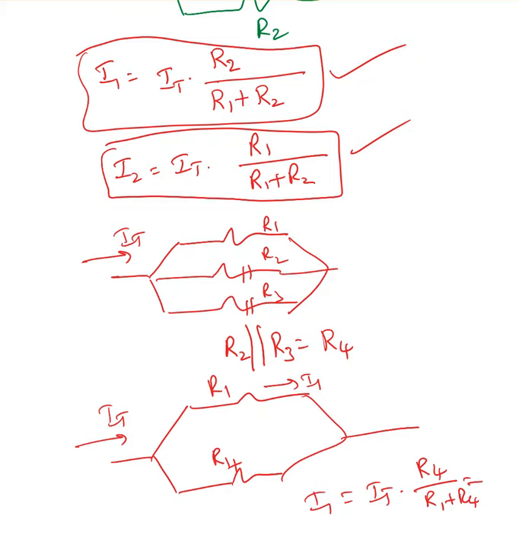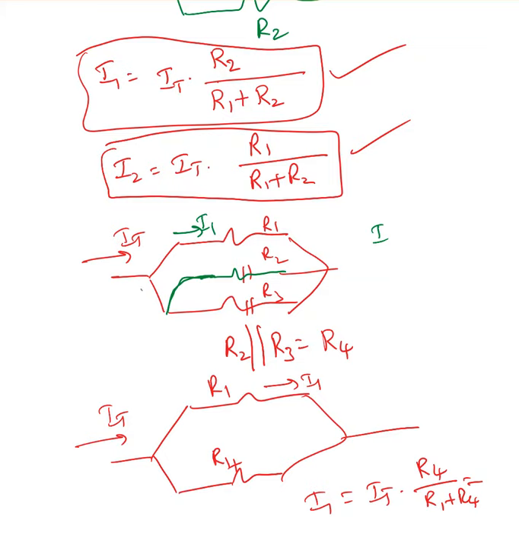Once I know the current passing through R1, I1, I can find the current passing through these two. Let me simplify this. Instead of connecting this there, I'm going to connect it right there. Now this red wire is gone.